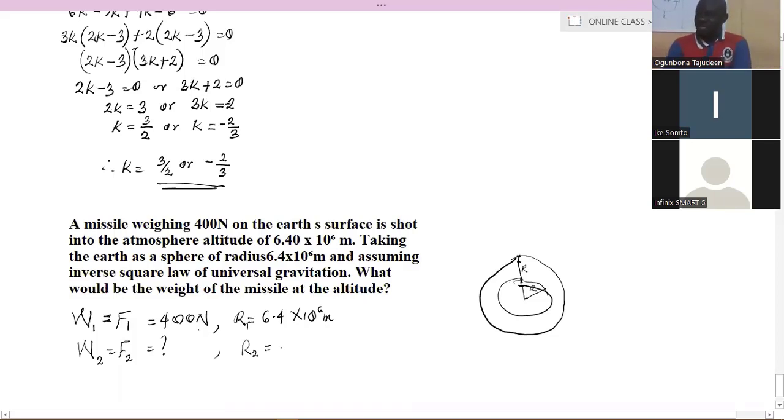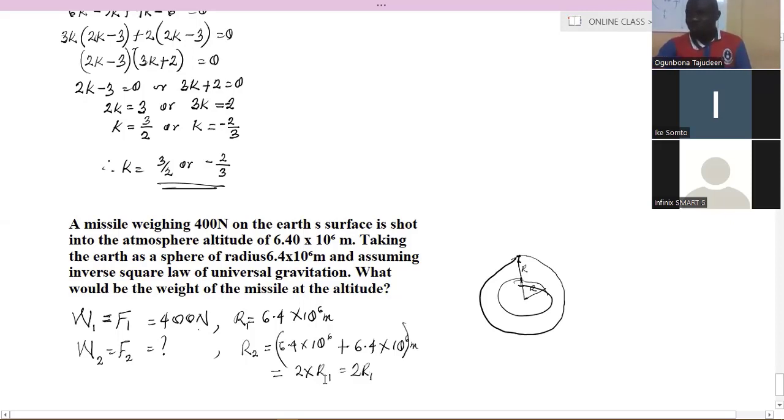So which means that R2 will be 6.4 times 10 raised to power 6 plus 6.4 times 10 raised to power 6 again, meters. You can see that it's just like 2 times R1, or we say 2R1.